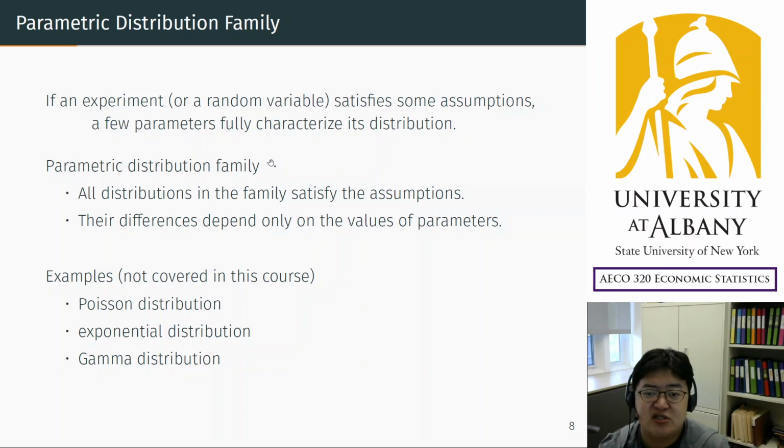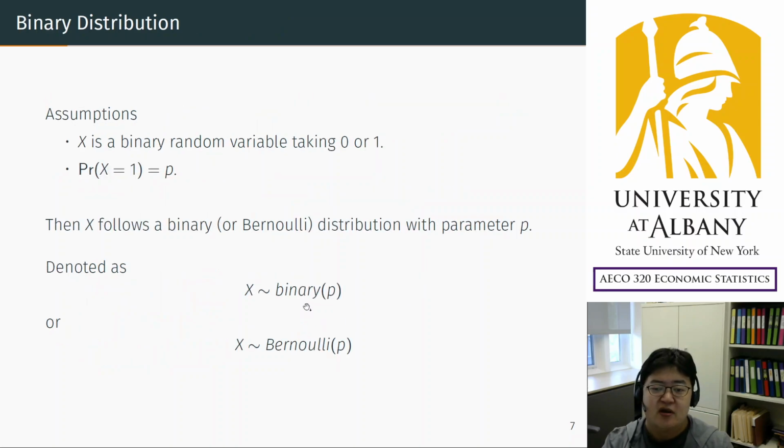And sometimes you may hear parametric distribution family. It means a set of all the possible distributions satisfying the same assumptions. For example, binary distribution includes any distribution with P equal to, say, 1%, 2%, 3%.